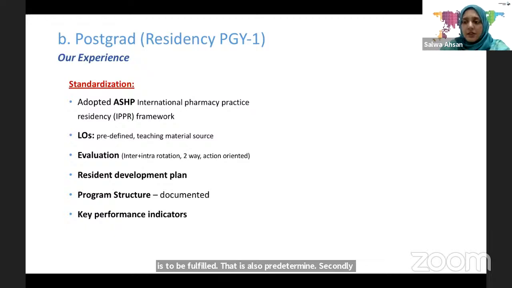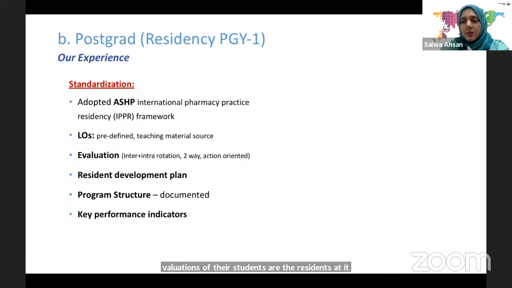Secondly, the evaluation comes in big time, because inter and intra rotations from section to section and two-way, like residents are doing the evaluation of their preceptors, and preceptors are doing the evaluations of the residents.